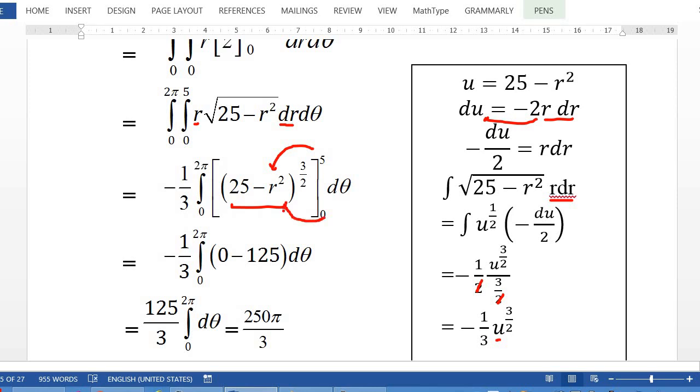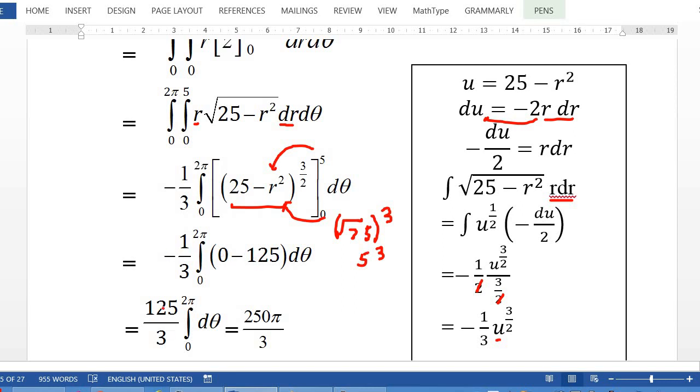Minus the substitution of the lower limit, 25 minus 0 squared, which is 25. 25 power 3 over 2 is actually the square root of 25 cubed, or 5 power 3. 5 times 5 times 5 is 125.